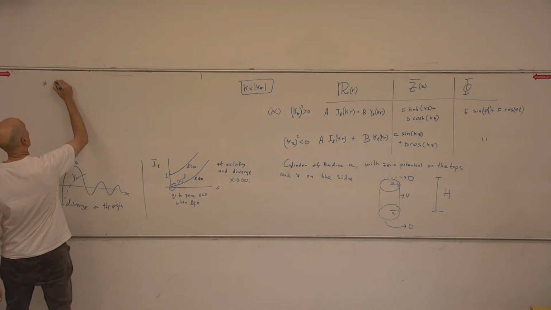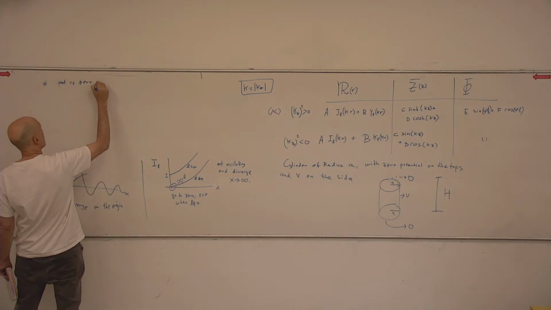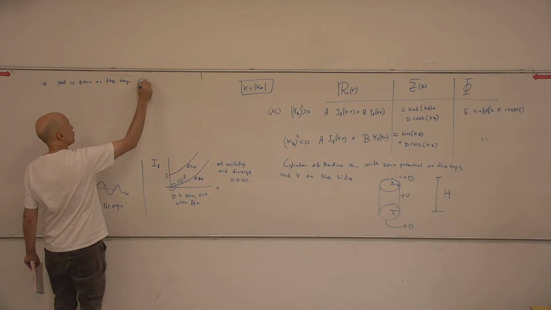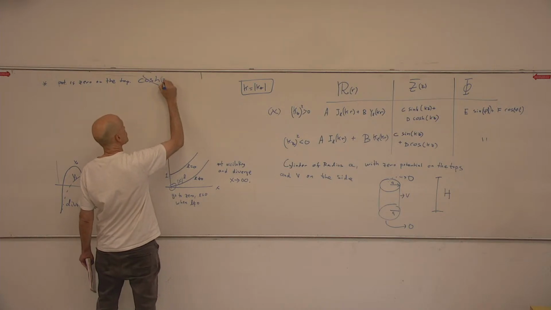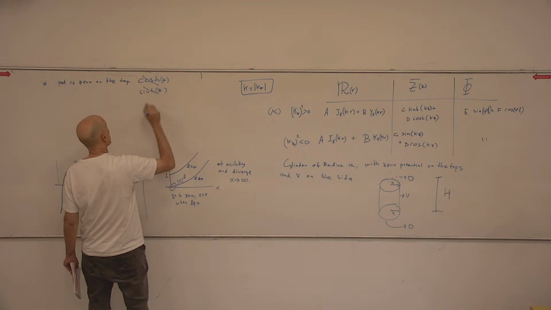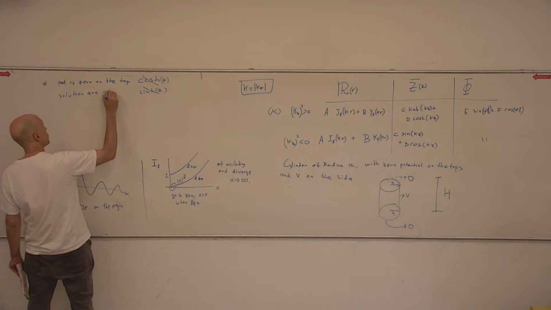So the first thing noticed is the potential is 0 on the tops. So cosh of z is going to go away, sinh of z is going away, and the solutions are cos z and sine z.